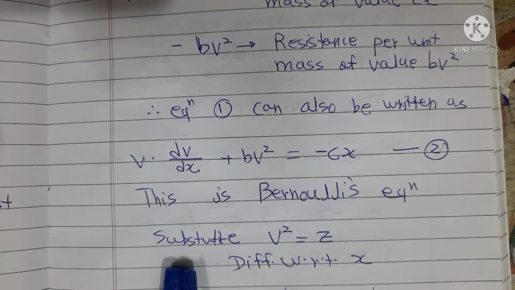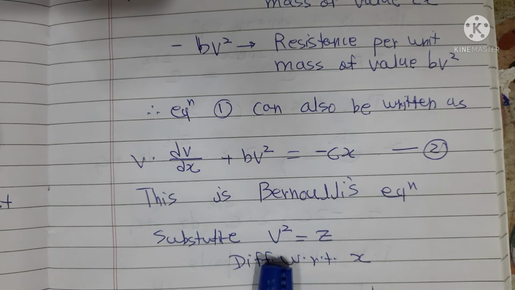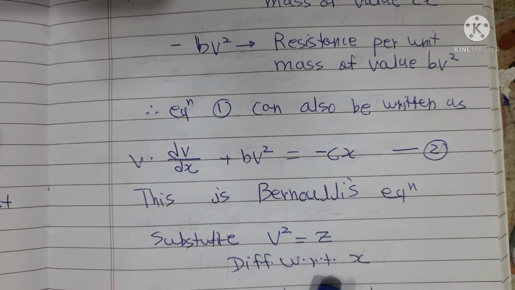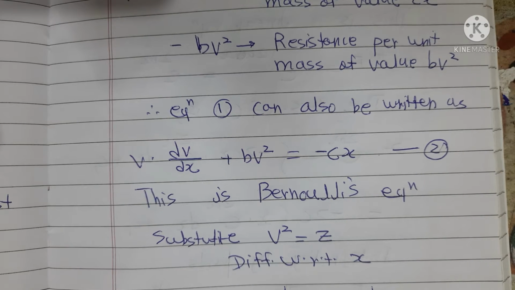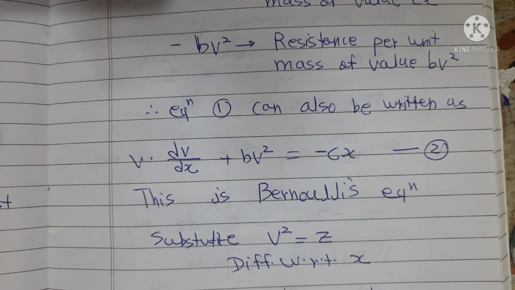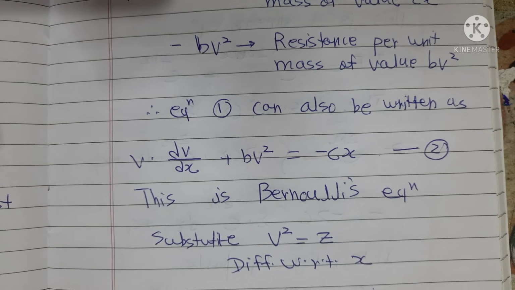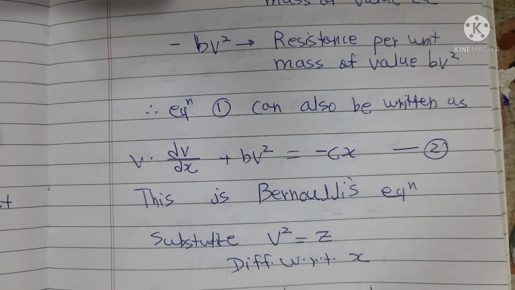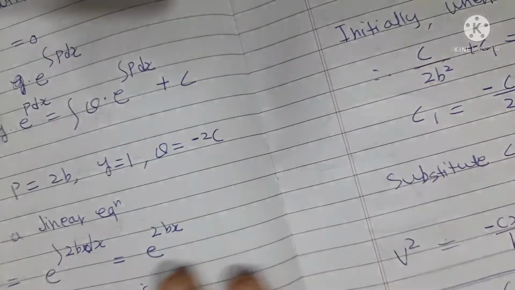Now in the Bernoulli's equation, substitute v square is equal to z. Now differentiate with respect to x. Therefore 2v into dv by dx is equal to dz by dx. Therefore 1 by 2 dz by dx plus bz is equal to minus c into x.